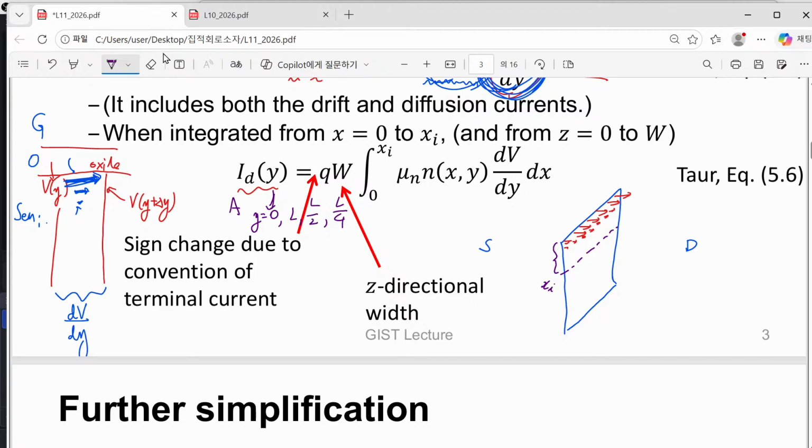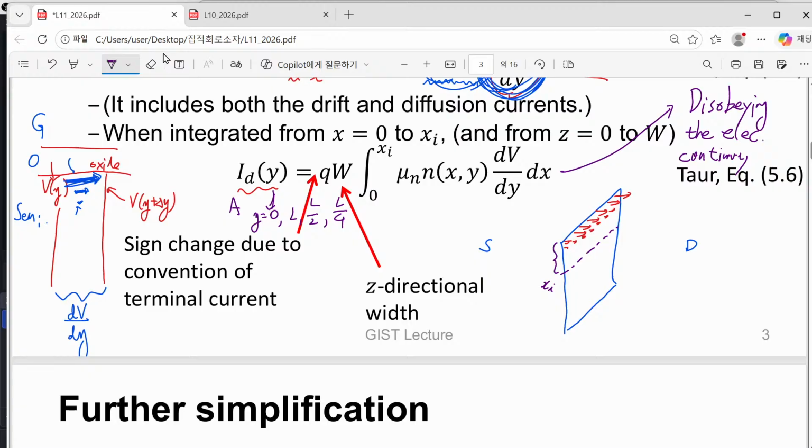But if that is not a constant, if that really shows variation, then it means that we are now disobeying which equation? The electron continuity equation.